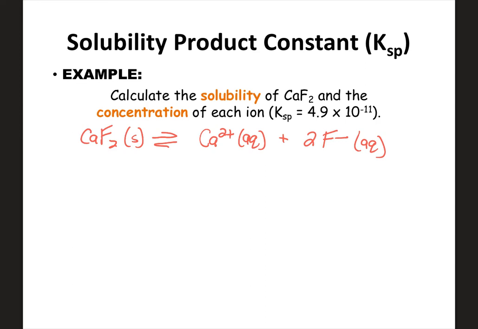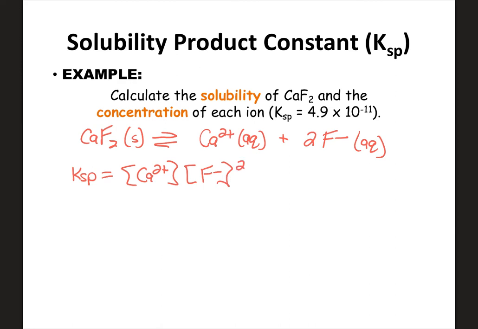And then, just like before, you're going to write your KSP expression. So KSP here is going to be equal, all right, we don't pay attention to solids, so it's just going to be equal to the concentration of Ca2 plus, there's no coefficient with that, so it's just to the power of 1 essentially, times the concentration of F minus squared though because of the 2 in front of it.